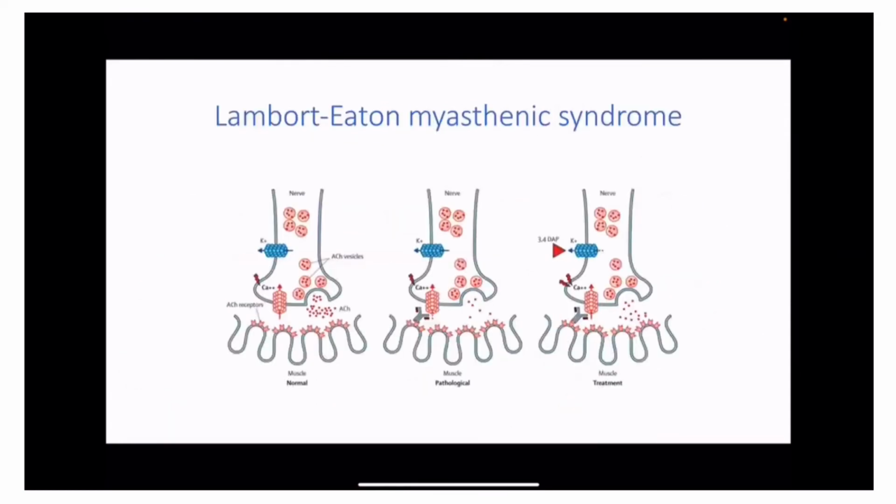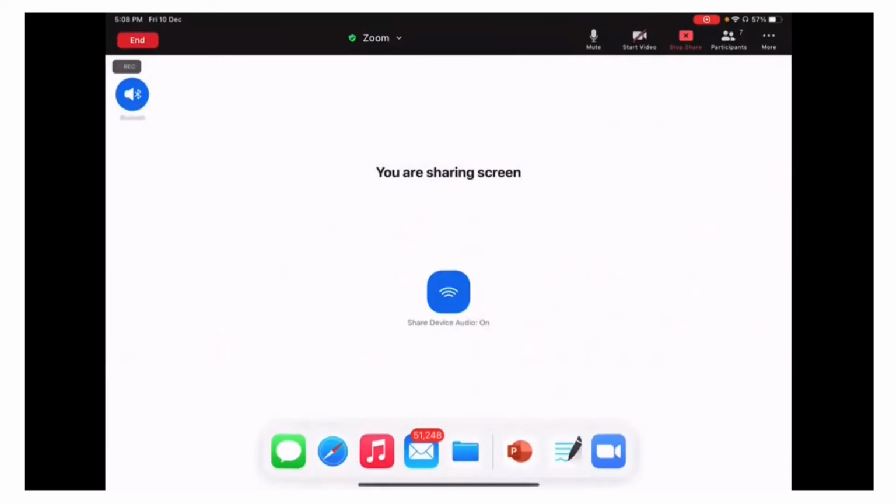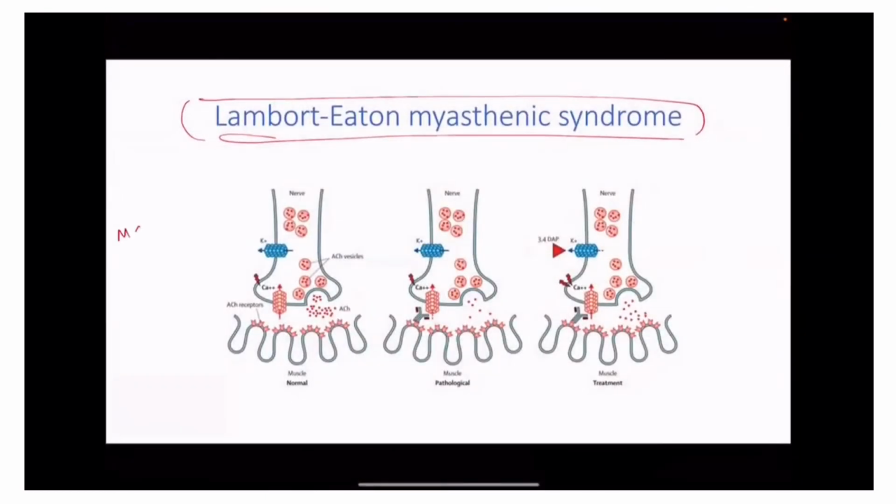And there is one more syndrome which you have to remember along with myasthenia, and that is Lambert-Eaton myasthenic syndrome. Now over here, let me bring forth a small thing. Myasthenia gravis typically is associated with thymoma.